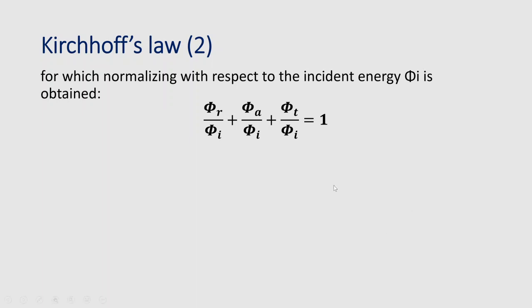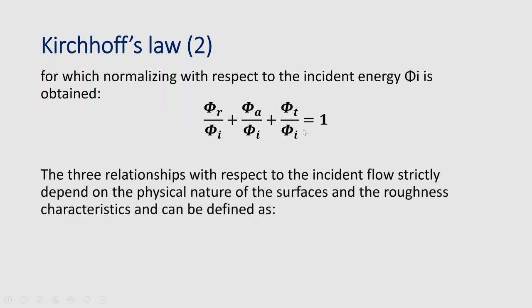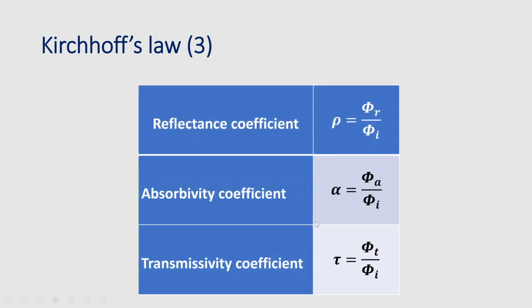But what is the best thing for us? Having these three relationships normalized with respect to the incident flux strictly depends on the physical nature of the surfaces and the roughness characteristics, and they can be defined as, pay attention, three other coefficients we need in remote sensing.